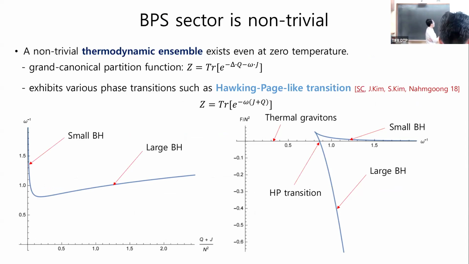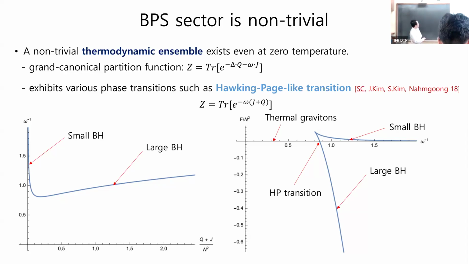Okay, and also, if you consider the supersymmetric black holes in this sector, they will carry electric charges and angular momenta, but if you unrefine all of them, you can treat one chemical potential as taking the role of temperature or inverse temperature in the BPS sector. In terms of this temperature, you can draw a figure like this. This is roughly the energy of the black holes, and this is the temperature.